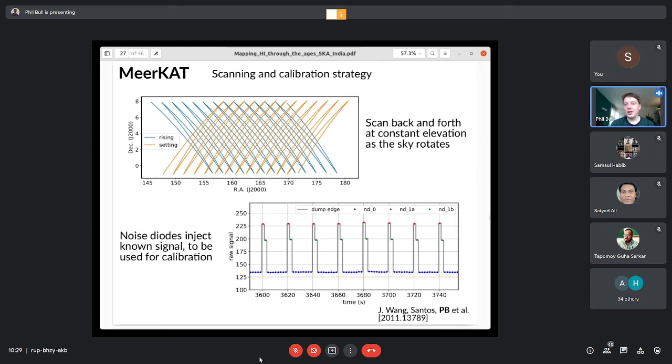And then on the bottom here, this is just showing you our noise diode fires. So the noise diodes are on for essentially every 20 seconds or so, and we use those to do a relative calibration.